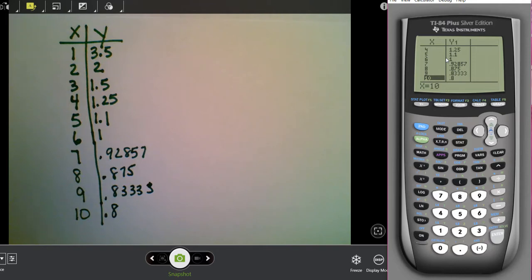All right, so we have the first 10 terms, and before we determine if this converges or diverges, I want us to look at the graph. If you want to, you can use the graph feature on your graphing calculator, but I'm going to use another program so we can get a better outlook.